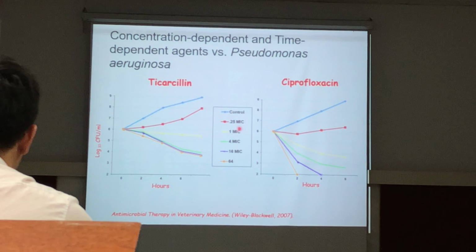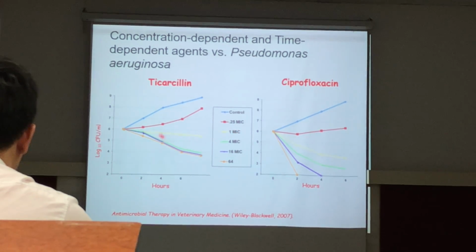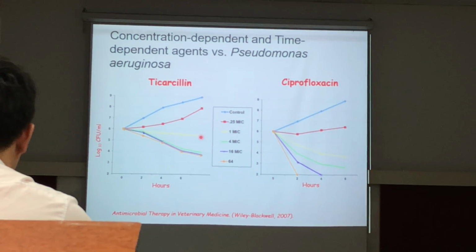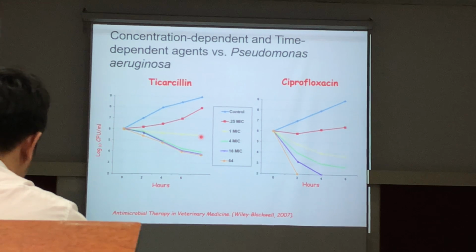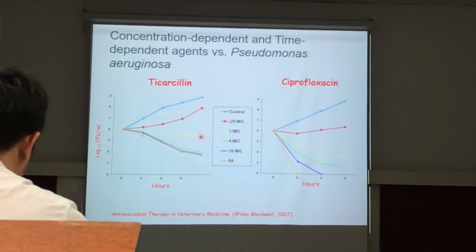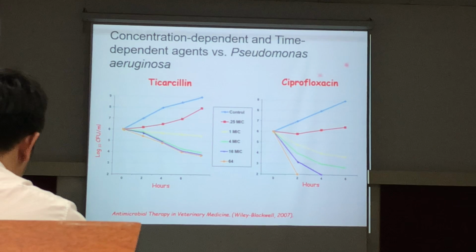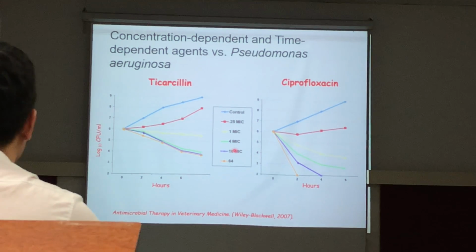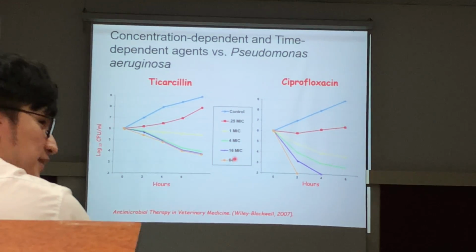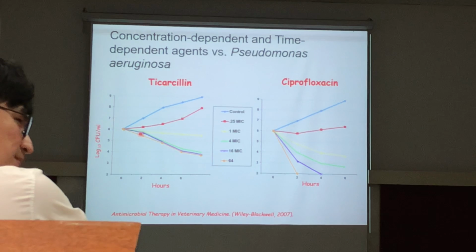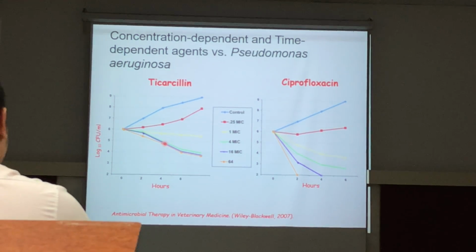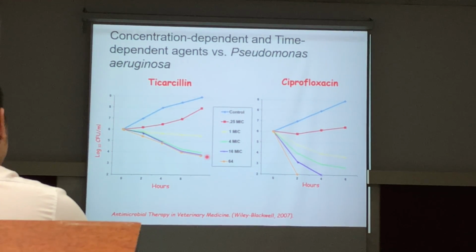If I put the MIC concentration, there, of course, this is lab stuff, so theoretically it should be straight. It's not exactly straight, but as you can see, the amount of bacteria is quite steady. And then 4, 16, and 64 MIC, they have the same decrease in bacteria number.